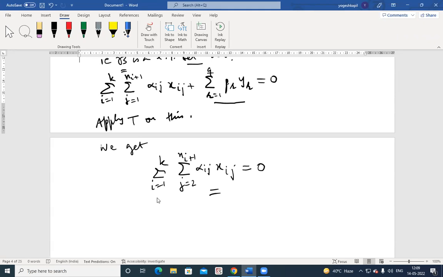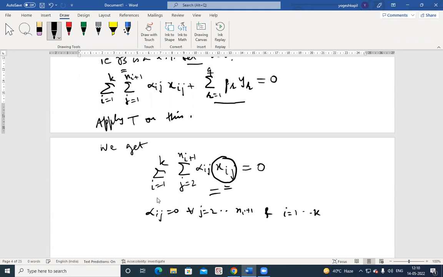Is it okay? But here, these xij's are linearly independent elements. Therefore, these alpha ij's are zeros for all j starting from 2 onward to n_i plus 1, and i starting from 1 to k. Is that okay?